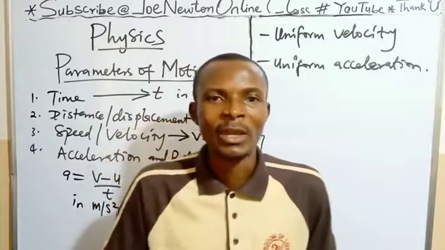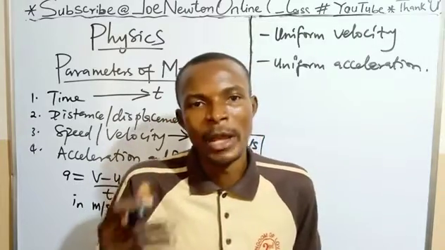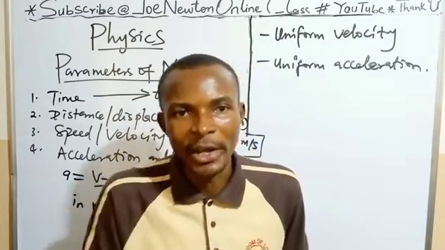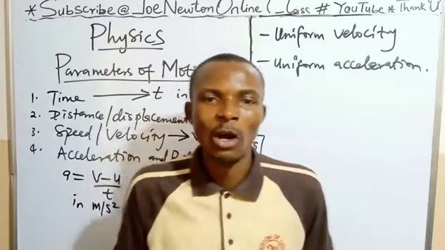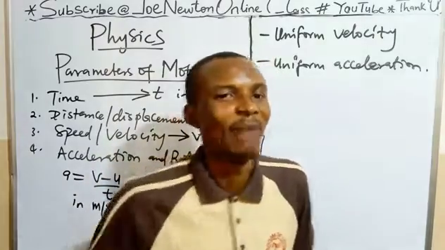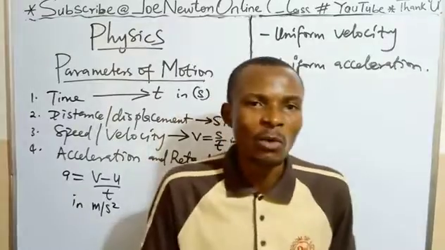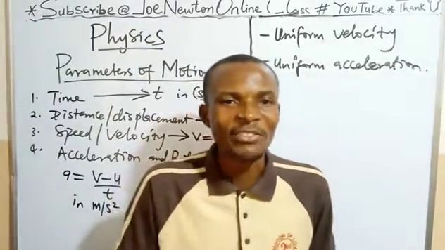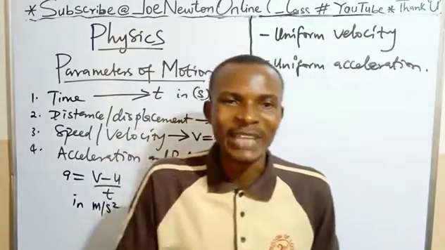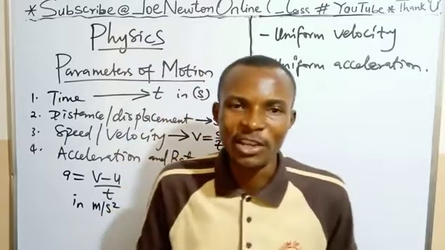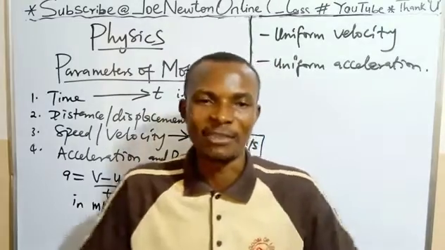That is a constant increase in velocity of a body in motion with what? Equal time intervals. So when a body is traveling with a constant increase in velocity in equal time intervals, we say that the body is traveling with uniform acceleration.